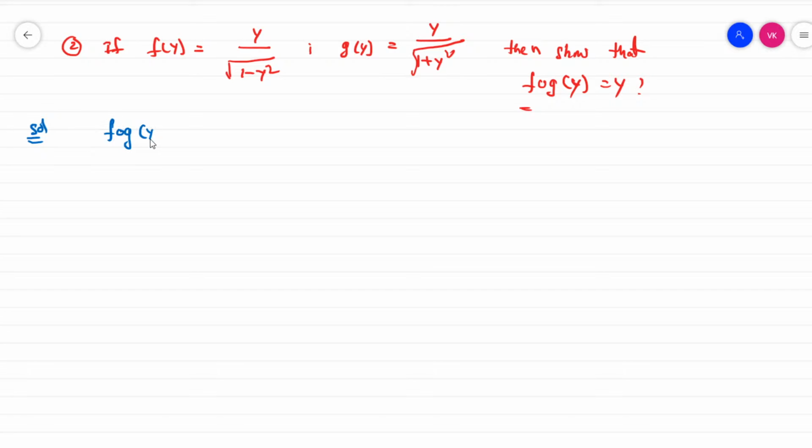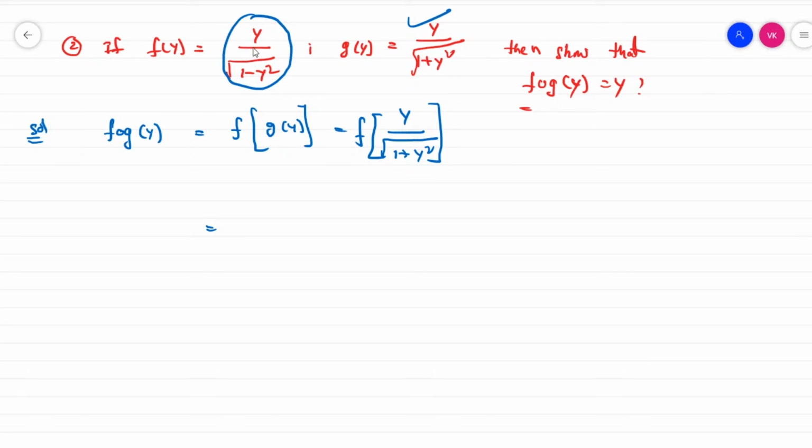F circle g of y, we can write as f of g of y. Here g of y is defined as y by square root of 1 plus y square, then we can write f of y by square root of 1 plus y square. Now we have to write the total function in the variable of the f function. That means the f function is y by square root of 1 minus y square.